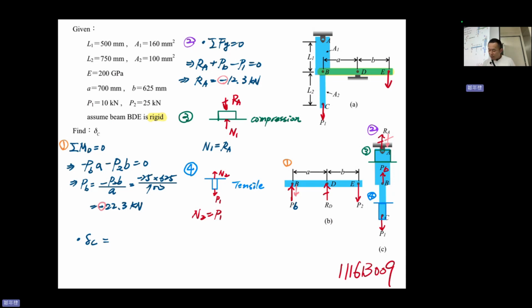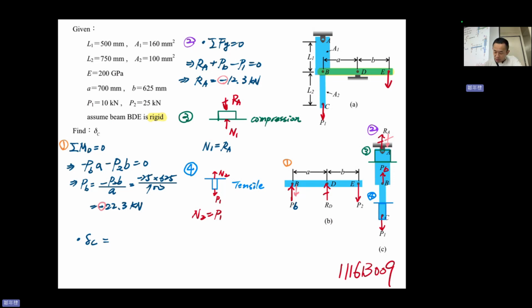N1 equals RA, N2 equals P1. N1 and RA give the first section compression, and N2 and P1 give the second, lower part of the component, tension. So now we stop here.